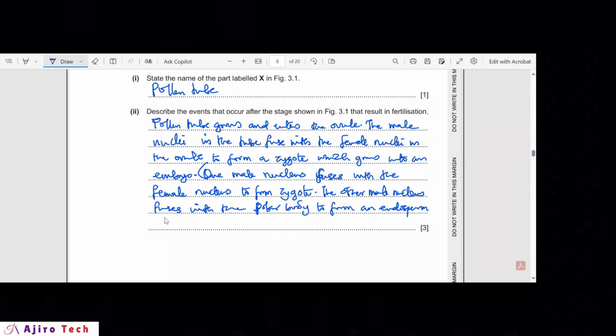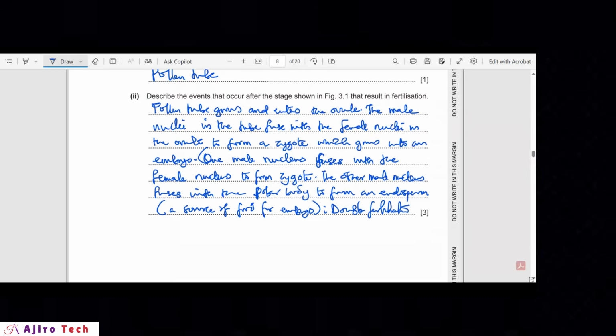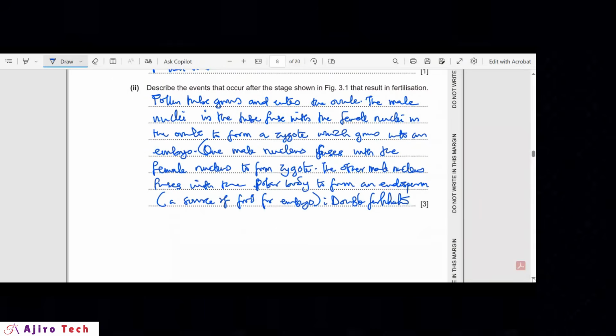The endosperm is a source of food for the embryo. So this phenomenon is called double fertilization in flowering plants. But above all, we have the formation of the zygote.